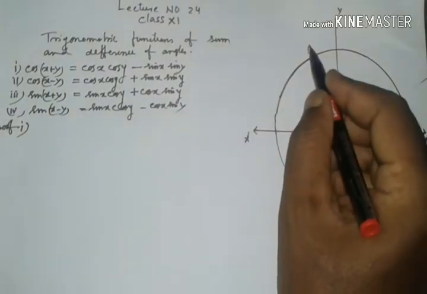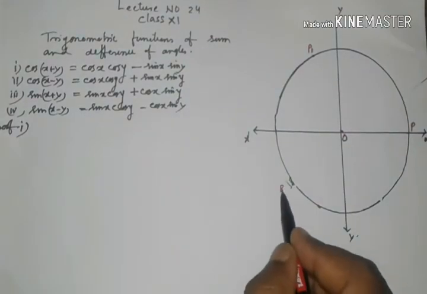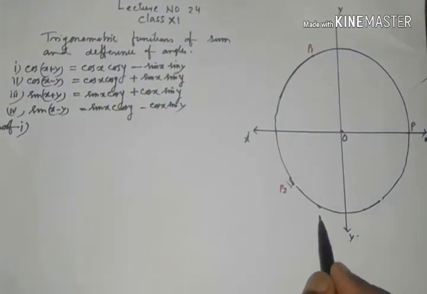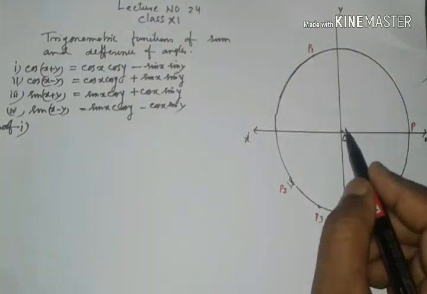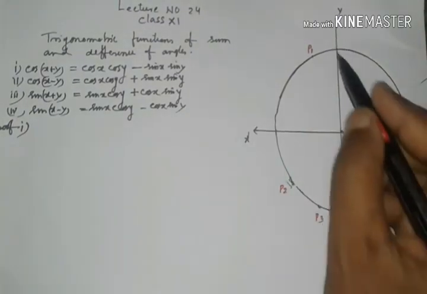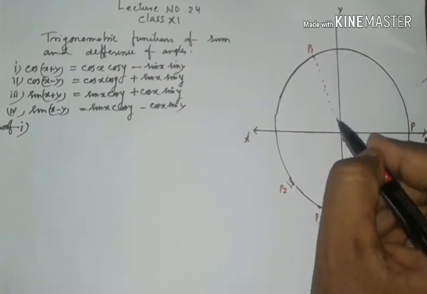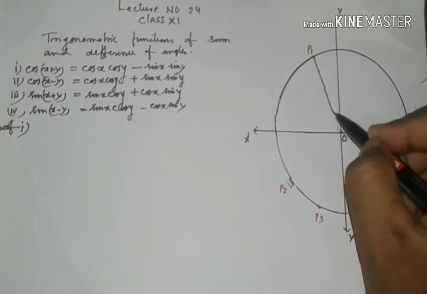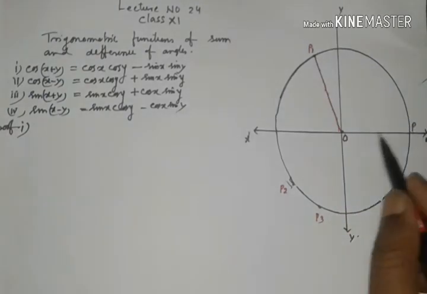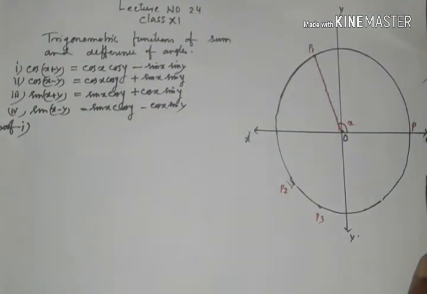Points P1, P2, P3 here. We put point P1 in such a way that angle POP1 is x.